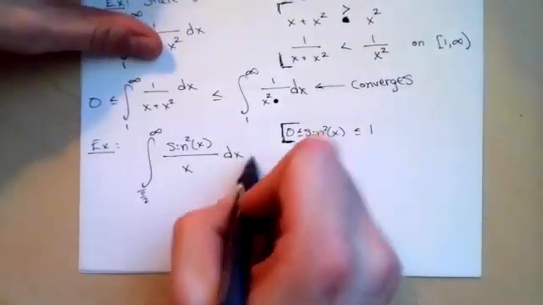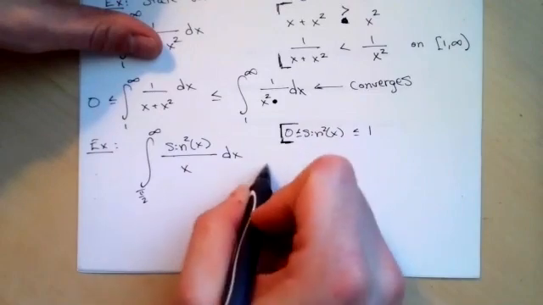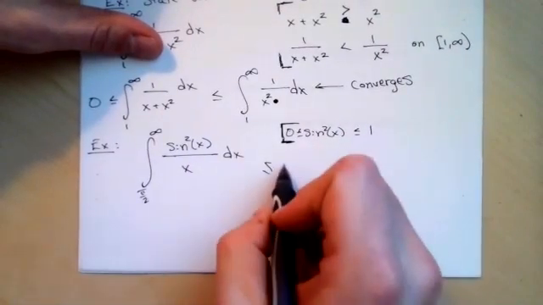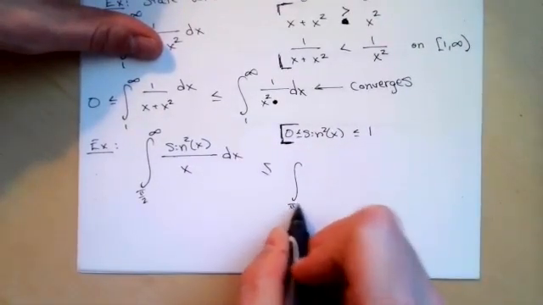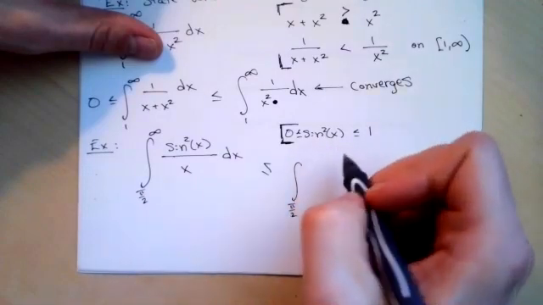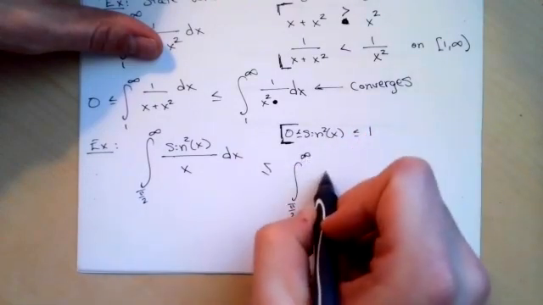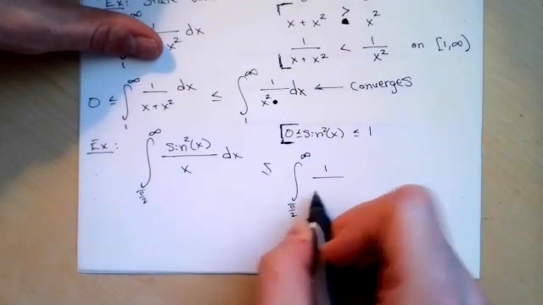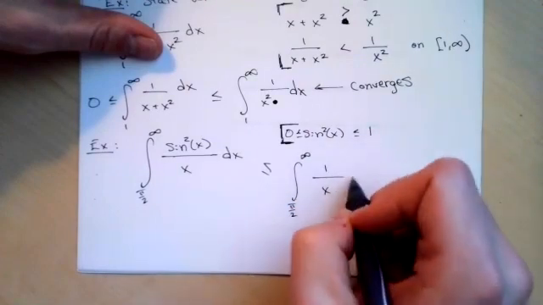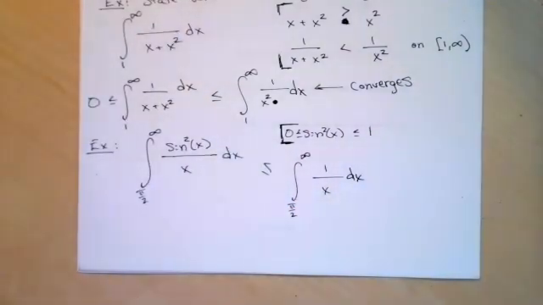Meaning that this integral is going to be less than or equal to the integral from pi over 2 to infinity of 1 over x dx. So what's that mean?